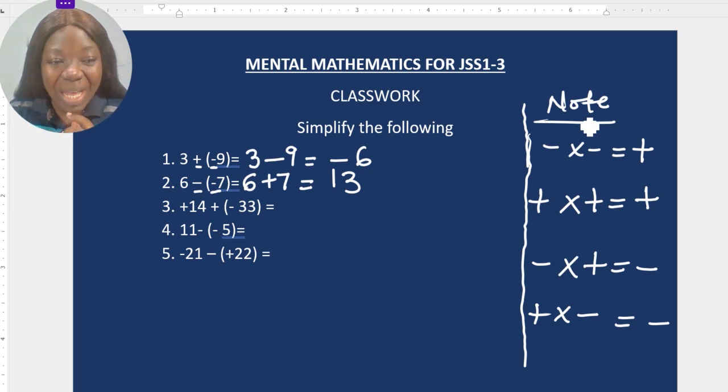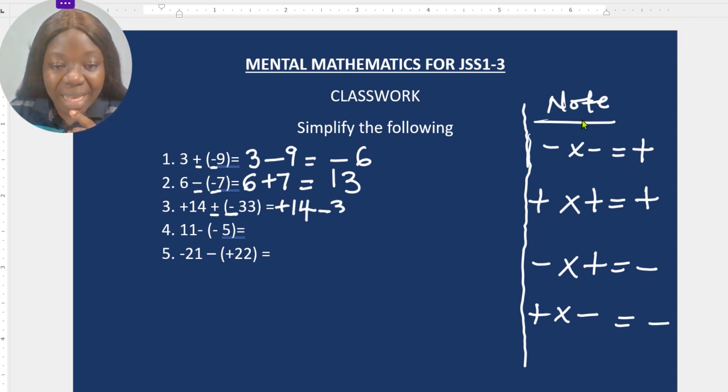Now look at the next one. Plus 14 plus open bracket minus 33. Let me write down plus 14 plus open bracket minus 33. So this plus will multiply this minus in the bracket. So plus times minus is equal to minus.